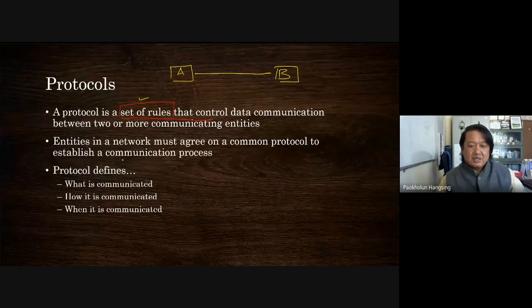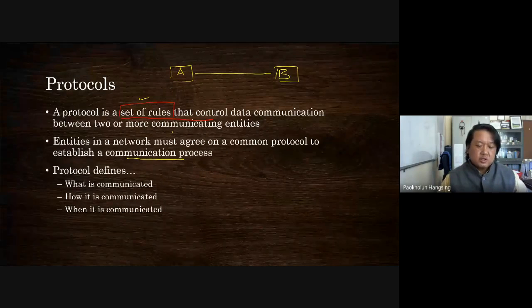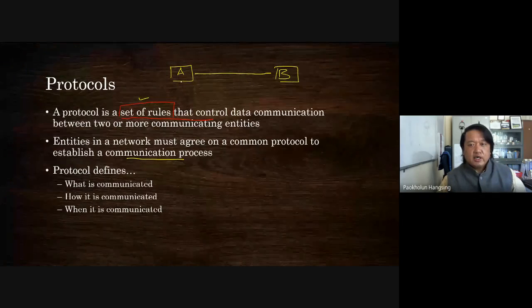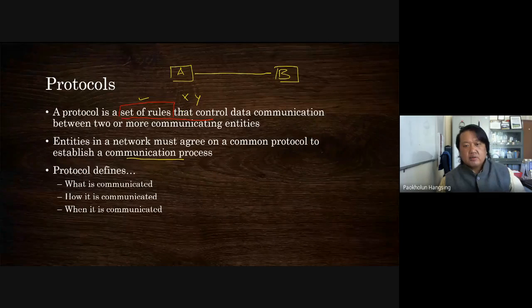In order to establish a communication process, this set of rules, which is also known as protocols, has to be established first. A and B must agree that we will follow X protocol or Y protocol in order to have communication. Then only we can have communication.